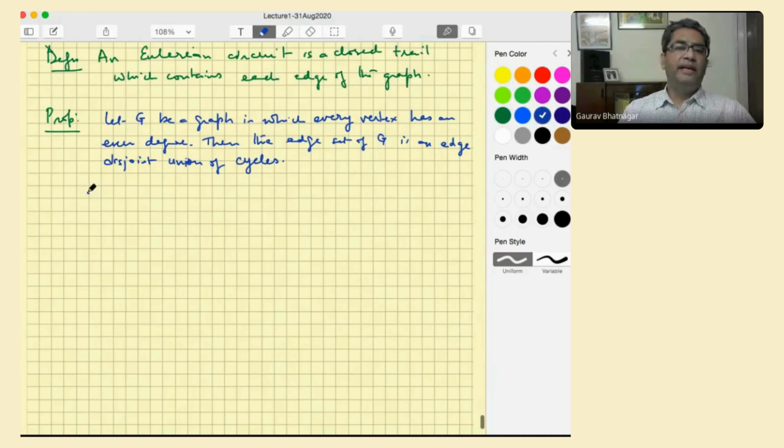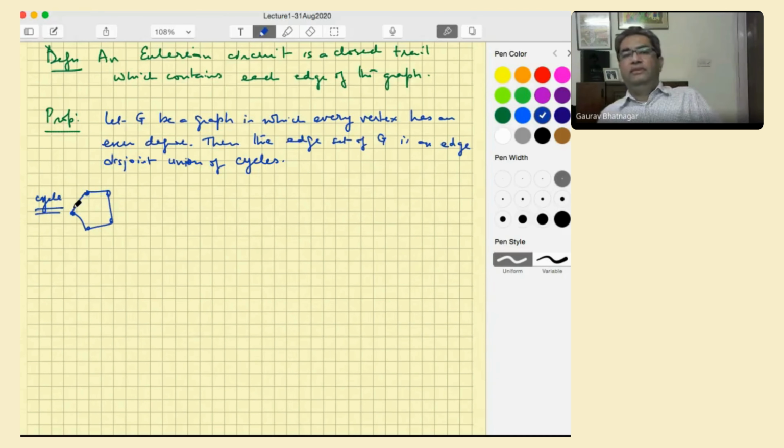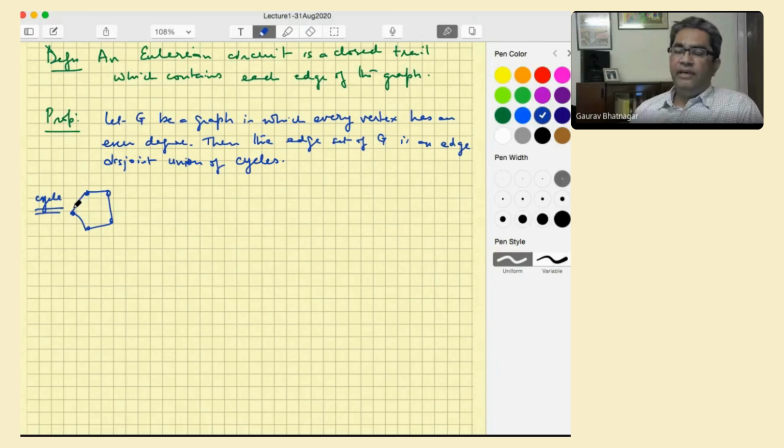So just a note that when you have a cycle, this is a cycle or a circuit, then the degree is 2. So here the degree of each vertex is 2. So this is sort of the simplest possible graph which has even degree. Everything is even, simplest possible.